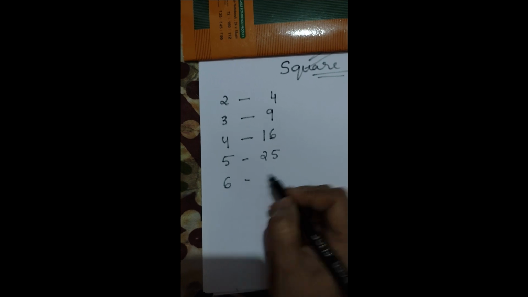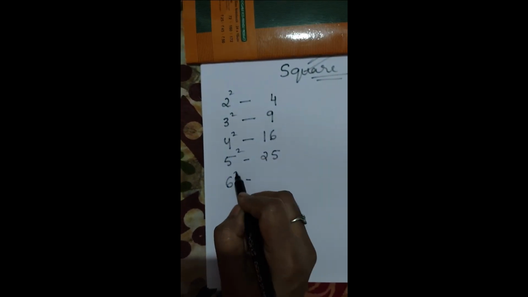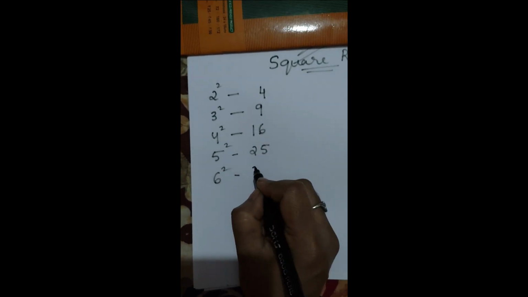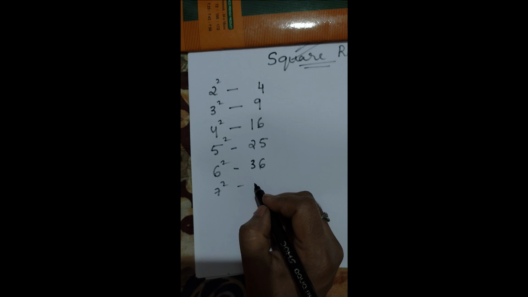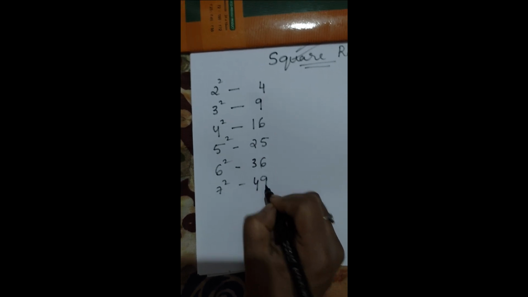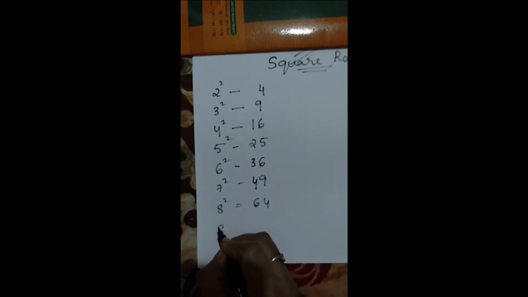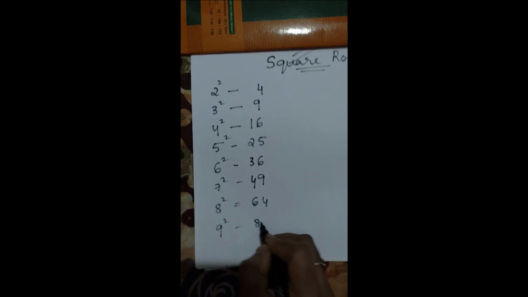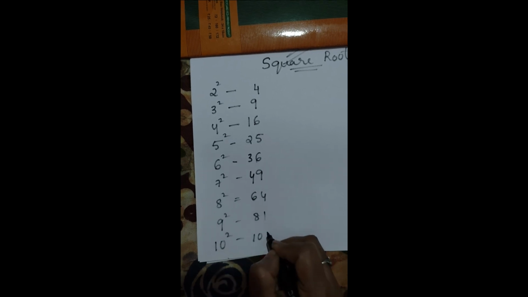For 6, it is 36. For 7 square, it is 49. For 8 square, it is 64. For 9 square, it is 81. And for 10 square, it is 100.